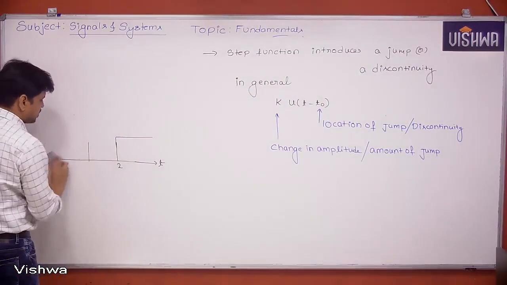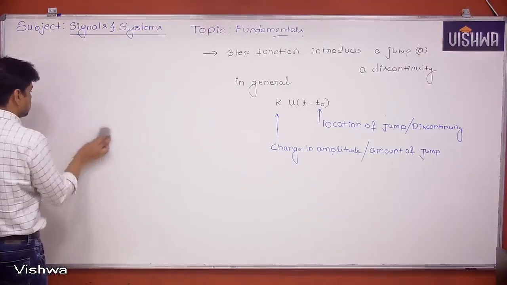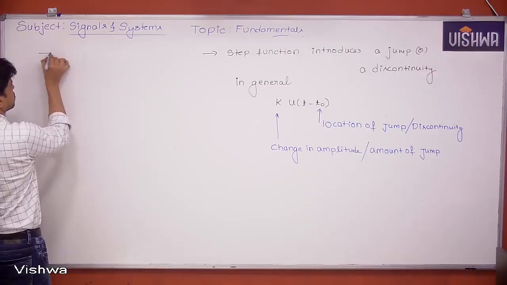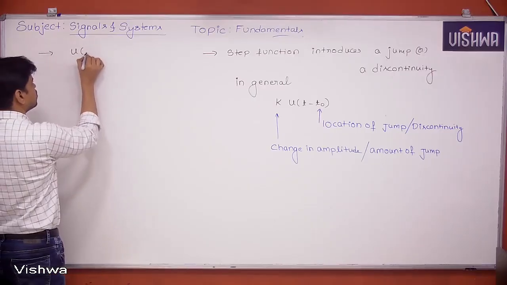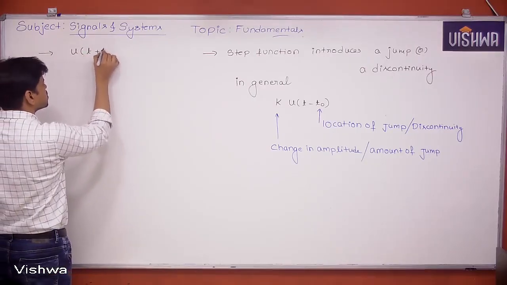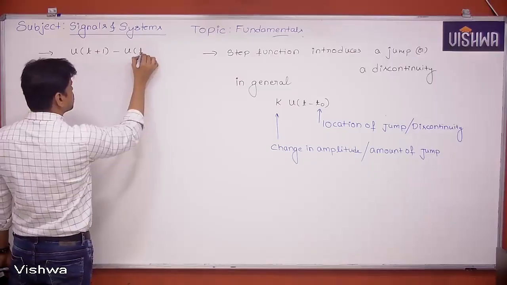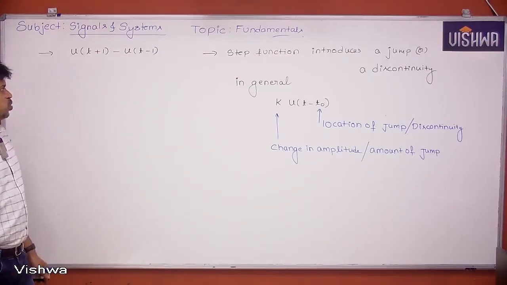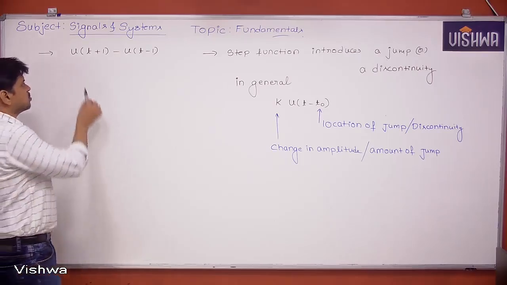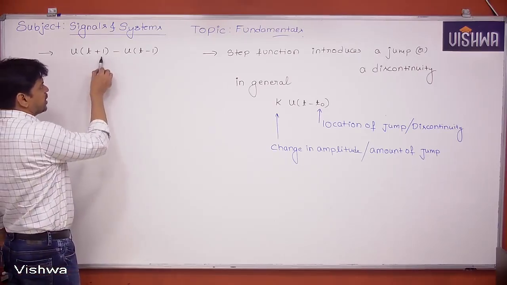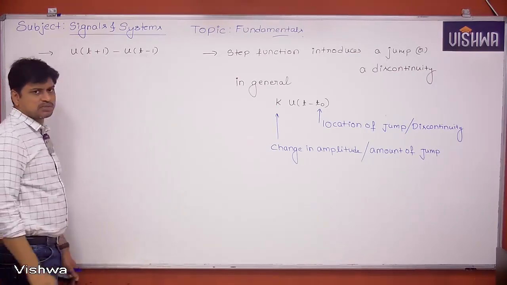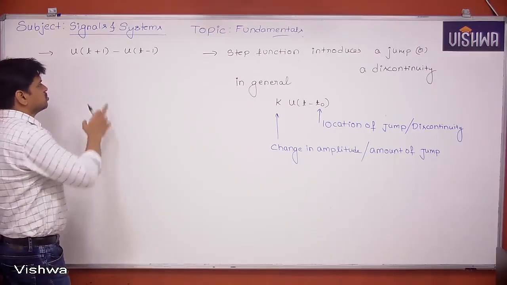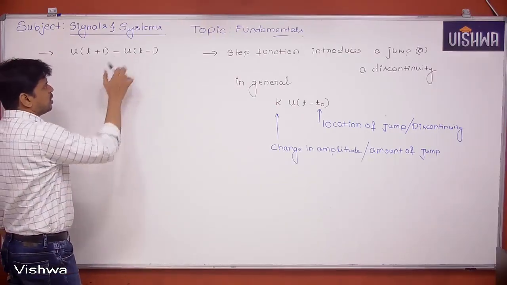So you can understand easily. Just see this one. U of t plus 1 minus u of t minus 1. So here we are having two step functions. One is at minus 1, one is at plus 1. Understood? Now they are going to introduce two jumps at minus 1 and at plus 1.